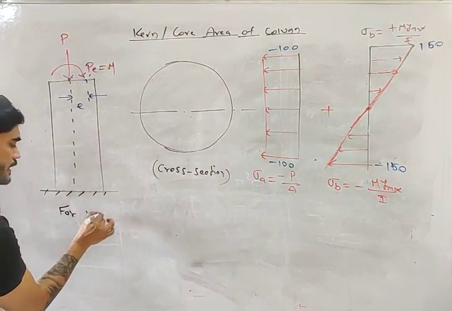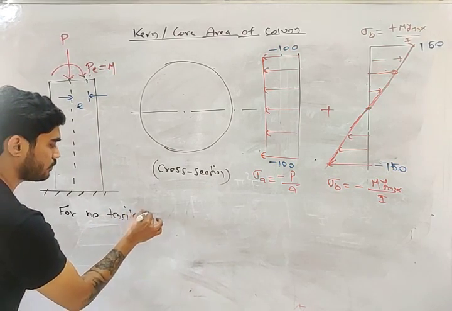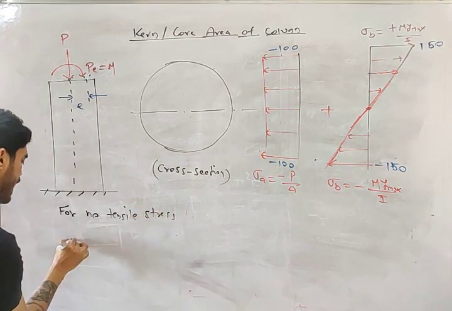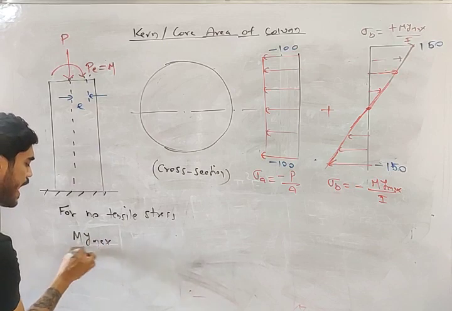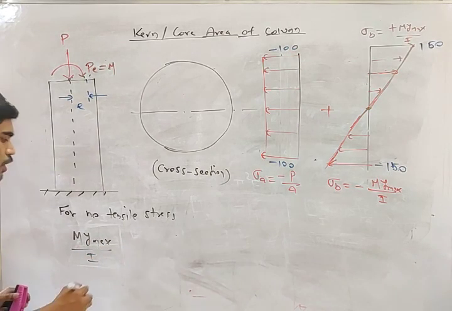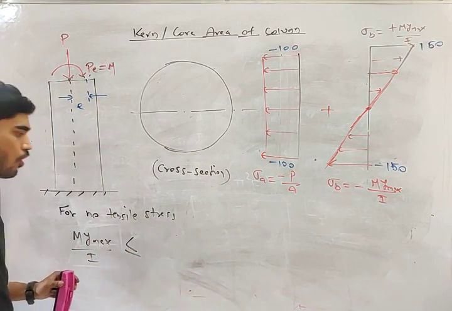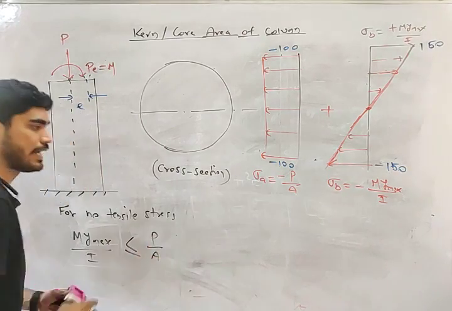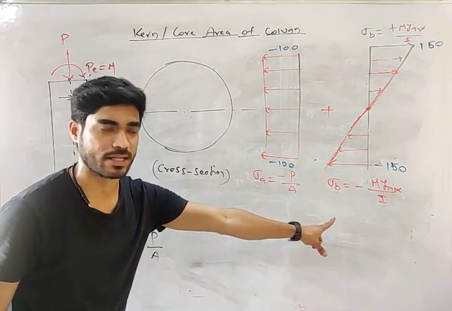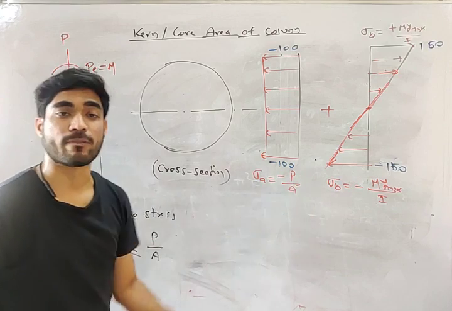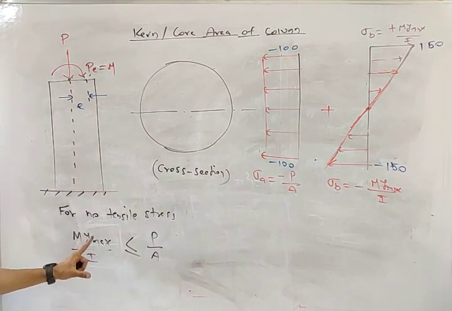For no tensile stress, my maximum by I should be less than or equal to P by A. If it is equal to P by A, no problem. Less than P by A, no problem.